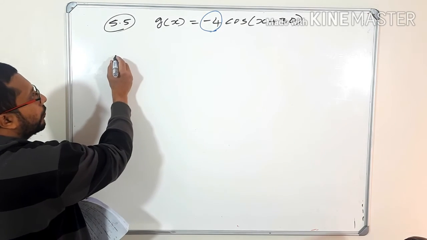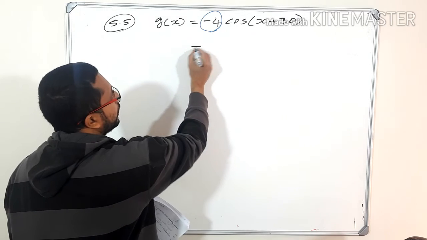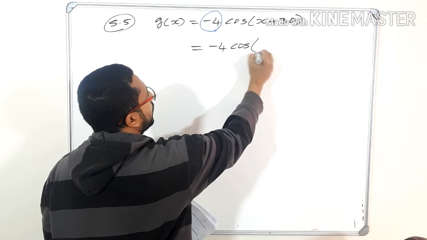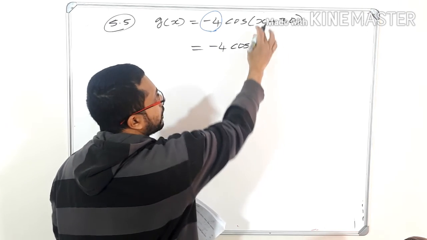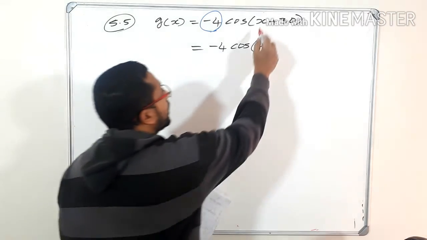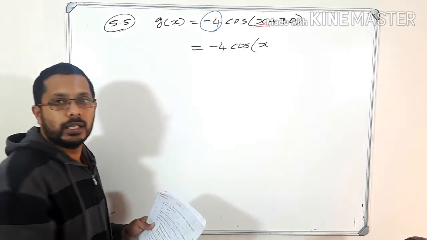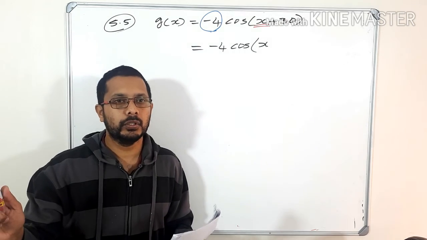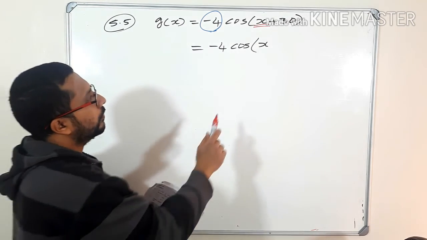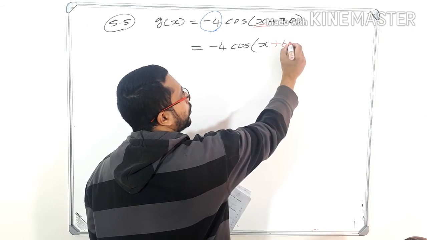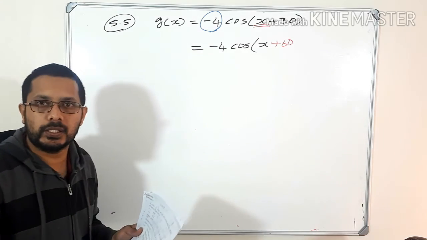Look at what I am going to write. For this new graph, let me write here, minus 4 cos x. This x I have to change. What must I change on this x? 60 degrees to the left. So 60 degrees to the left means that here I am supposed to add plus 60 degrees.